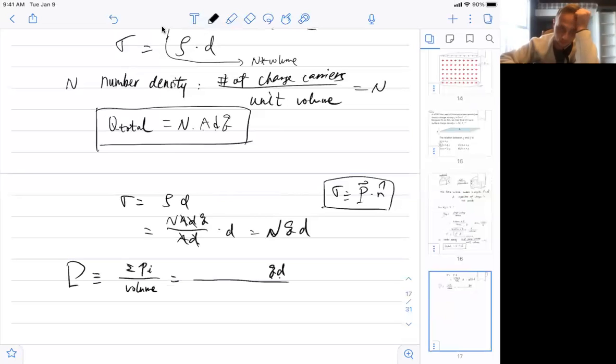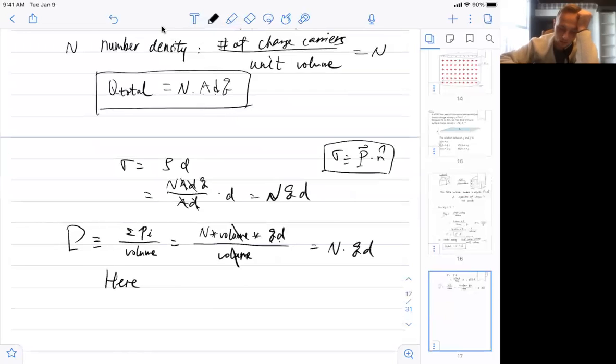Q separated by distance D. If you add up all the dipoles, the total number of dipoles is number density times volume, divided by volume. So you can see that I have derived polarization is number density times Q times D, and it is exactly equal to my surface density. So here you can see that sigma is equal to polarization P.